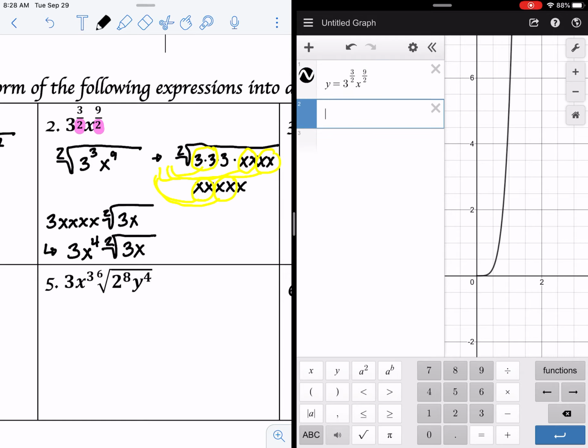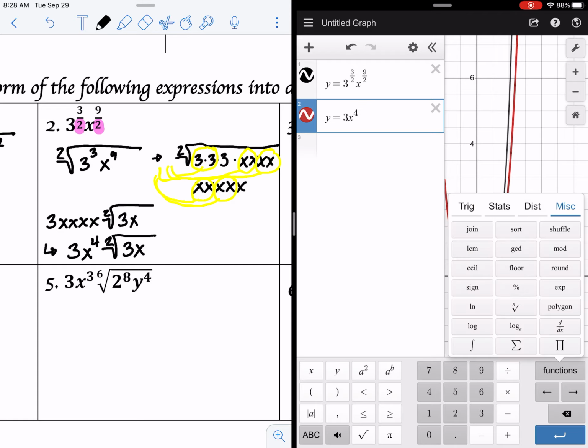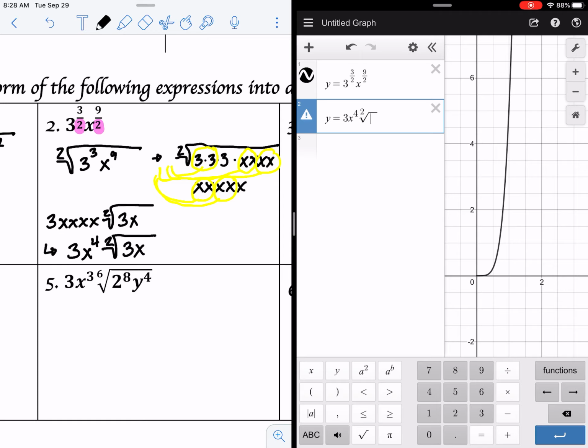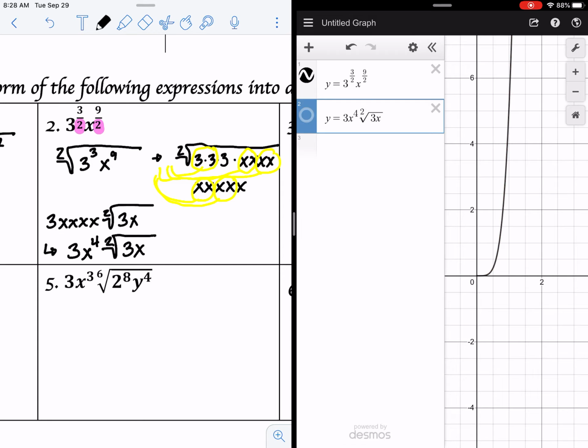And I get a graph. Then y equals my answer, which I think is 3x to the 4th power times the square root, again functions, miscellaneous, of 3x. And again, I want to see if these overlap, in which they do.